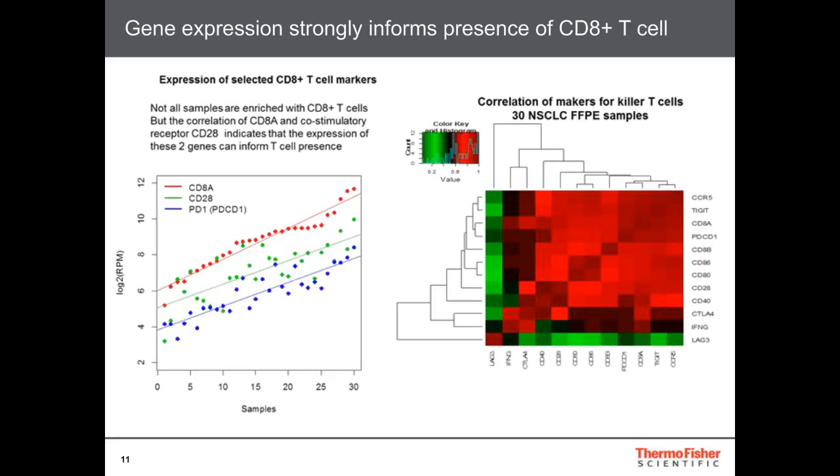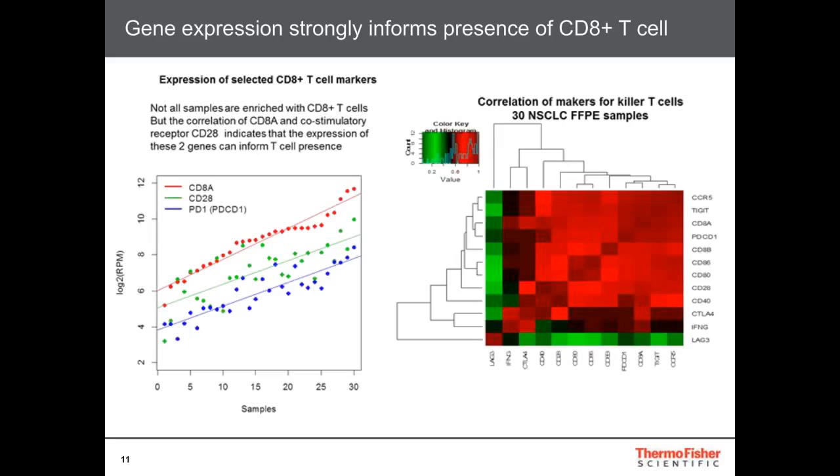These are CD8 plus T cell markers, and what we would expect is that for samples having enriched CD8 cells, we would see high expression, and for those not enriched with CD8 plus T cells, we would see low expression, and that indeed is what we see.